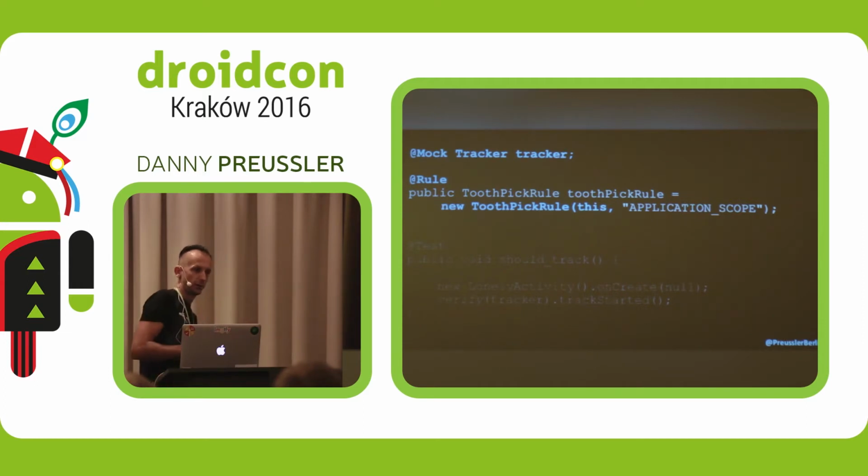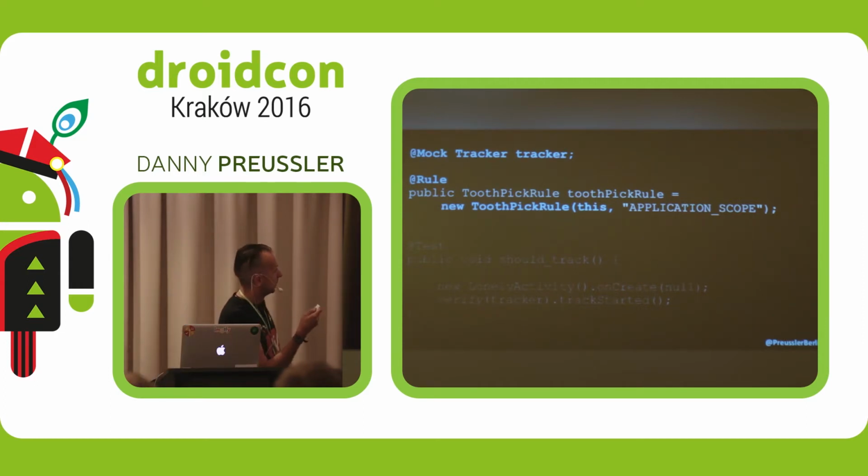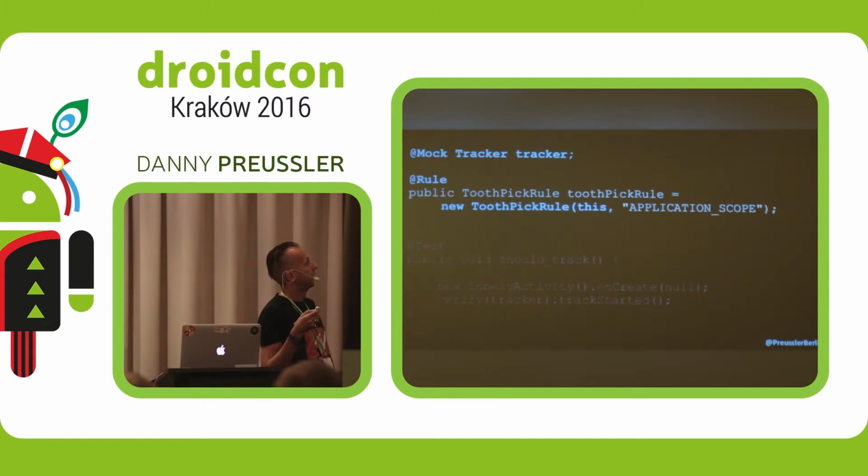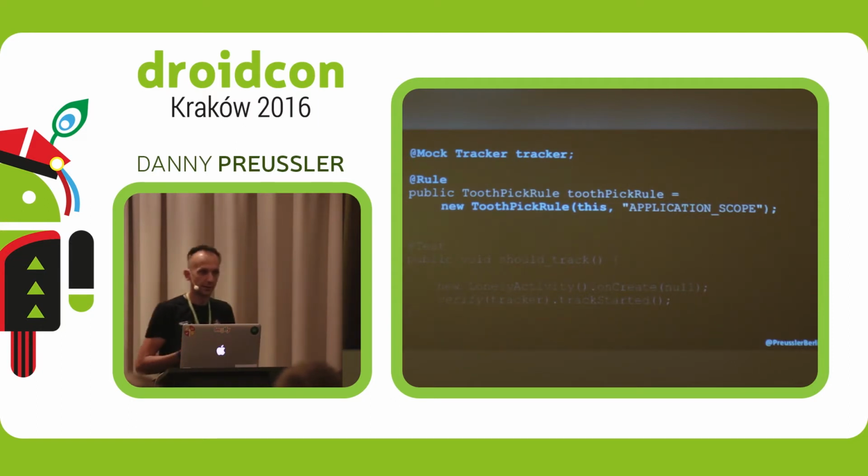Because what this will do is, when the class calls inject on Toothpick and looks for an instance to get injected, it will first look, when you use this test rule, in this class, if there's something with a mock annotation. So you basically can override whatever was set up before with just a single line.